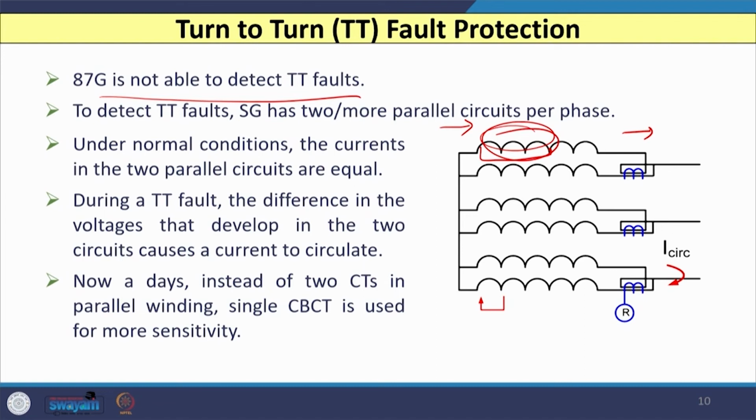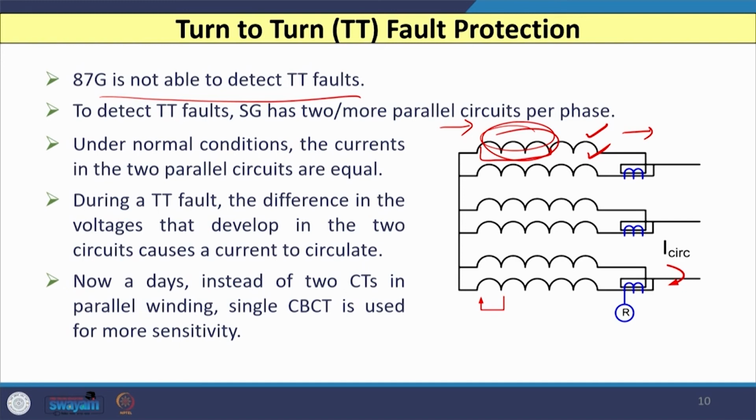by the conventional 87G unit. So, if we wish to detect this type of fault, then each and every synchronous generator must have two parallel circuits in one phase of the winding. So, two parallel circuits, circuit 1 and circuit 2, are there, and usually for large generators two parallel windings are very common because of the magnitude of normal current that flows through the winding.